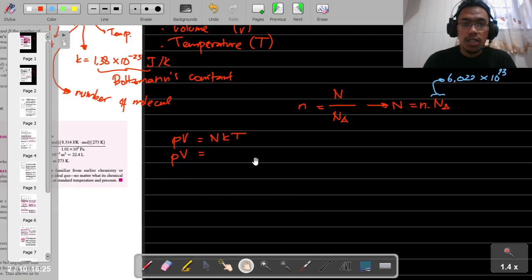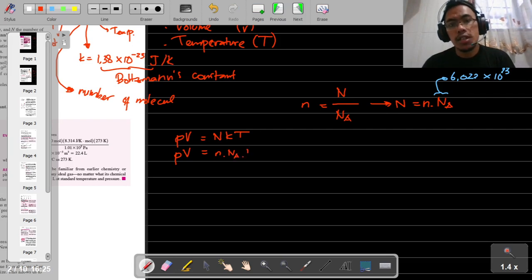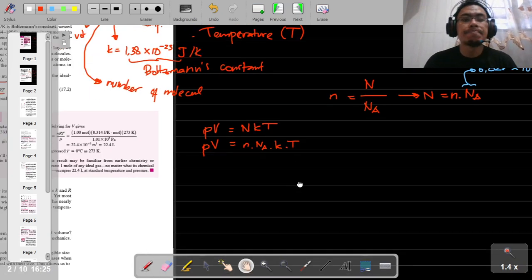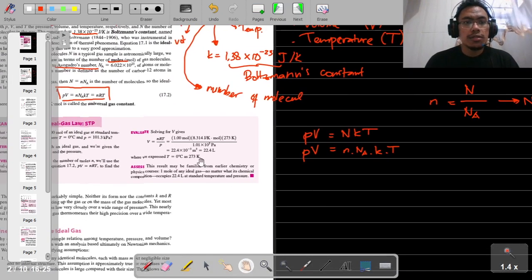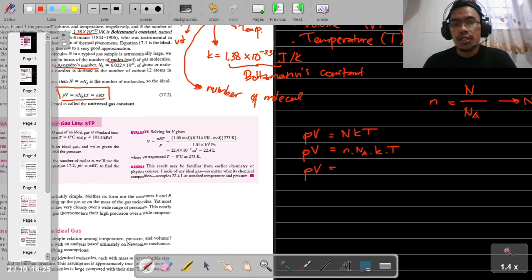Okay, so this N can be modified using this: PV equals small n times Avogadro number times k times T. Then we can modify this equation into this one.